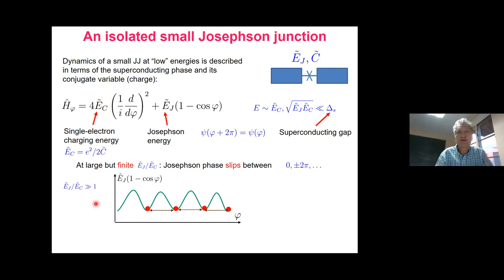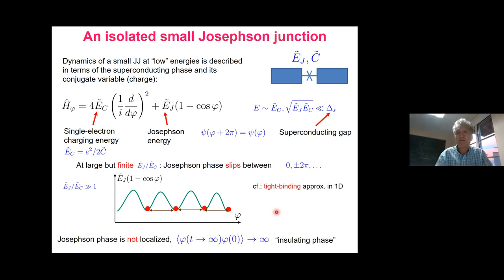If this ratio is large, then these tunnelings are rare, the amplitude is small. Nevertheless, the phase is delocalized. If I start with some phase, it will quantum diffuse away. So the correlation function of phi of t, phi of 0, tends to infinity at large times. It means that it's not a superconducting system. In a way, it's an insulator.